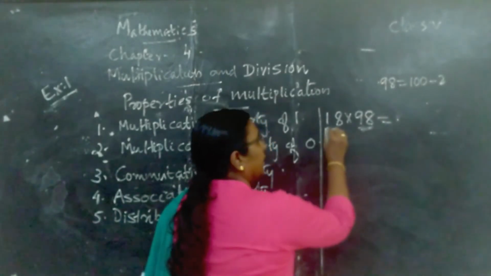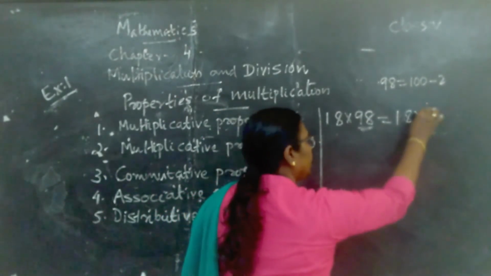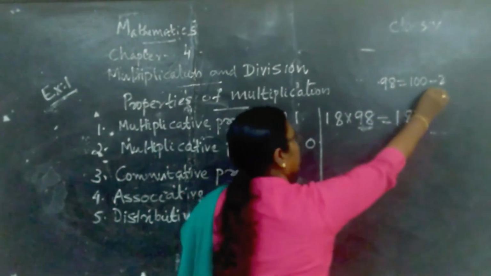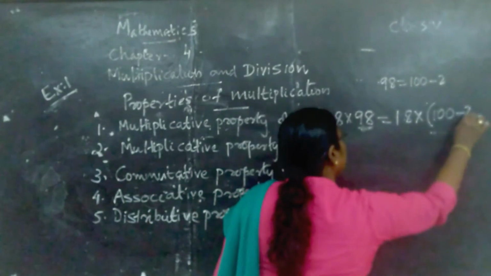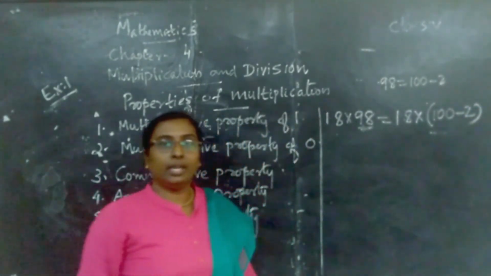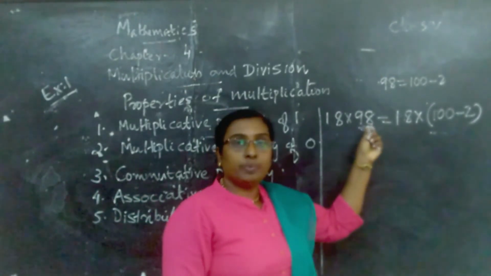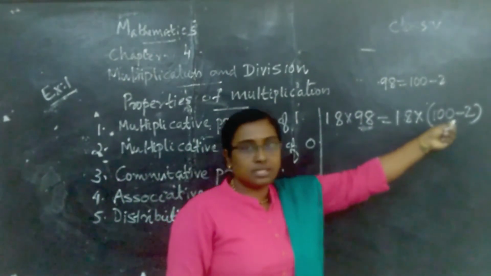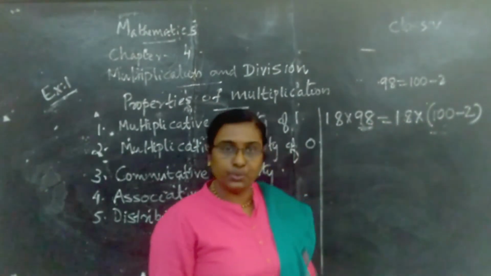Then we can write 18 into 98 as 18 into 100 minus 2, with 100 minus 2 within brackets. For easy multiplication, we split the larger number like this.